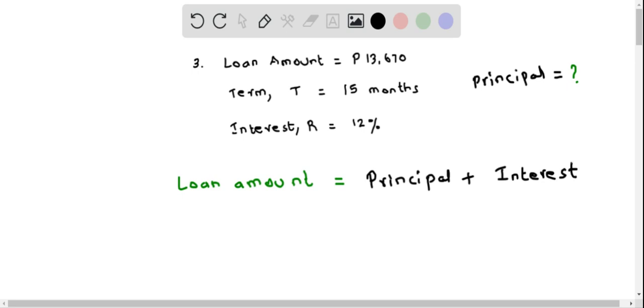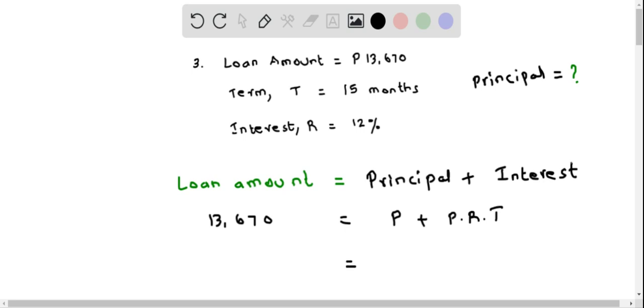We are given the loan amount is 13,670, and this equals, let's denote the principal by P, and we know the formula to calculate interest is principal times rate of interest times term.